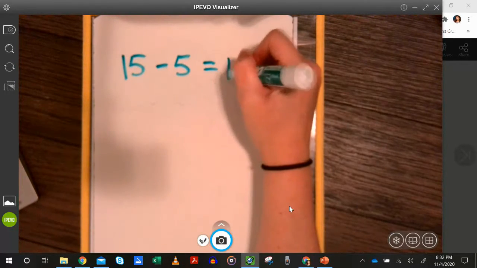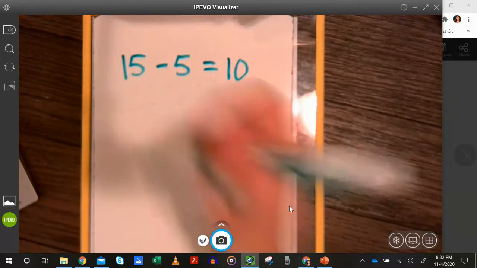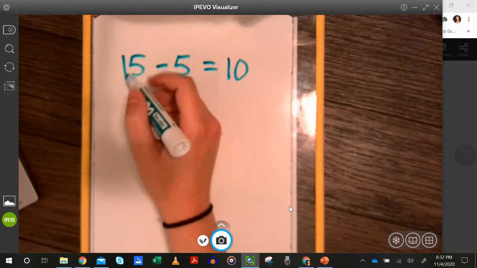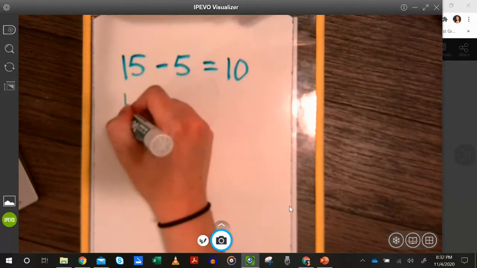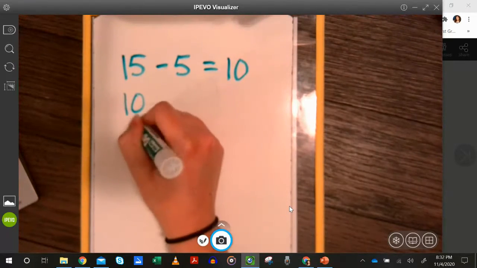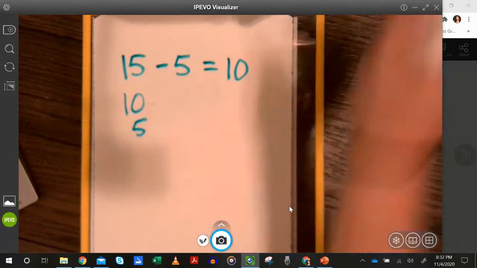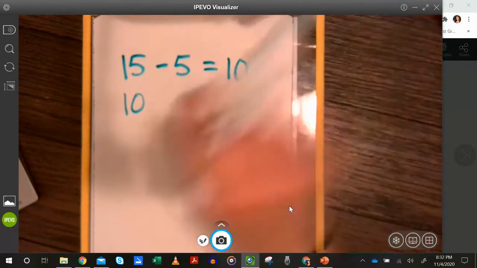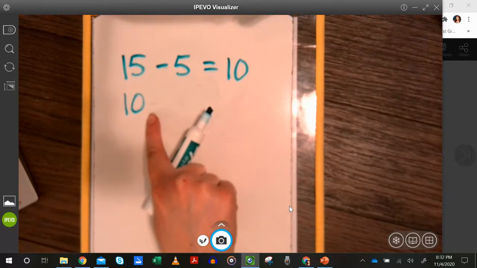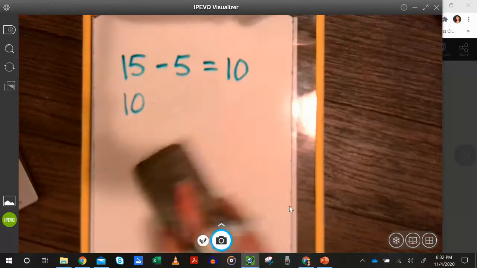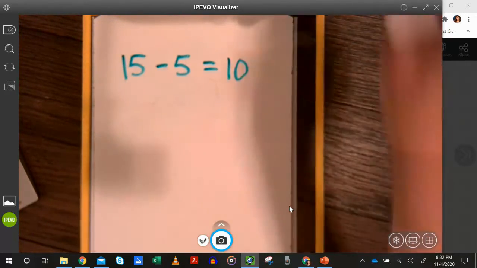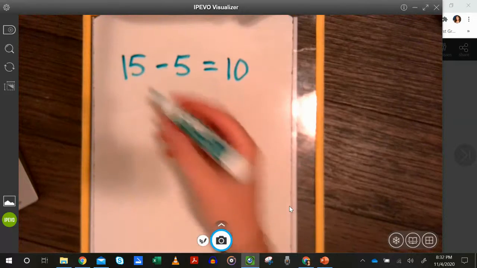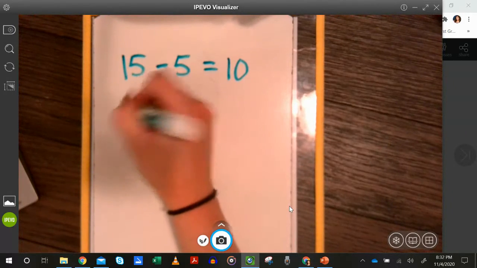Did you say 10? If you did, that would be correct. Because remember, 15 is a group of 10 and 5 more. So if we're subtracting 5, it just goes back to having the 0, holding a place for something left. We took away just that group of 5. And that's going to be true for any of those.